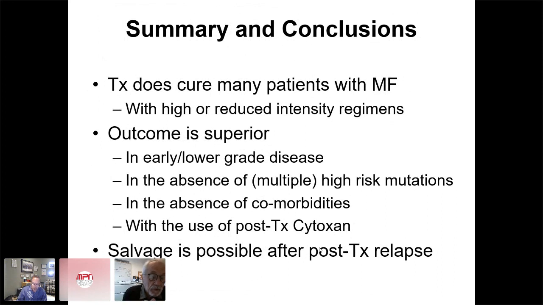Outcome is superior in earlier, lower grade disease, as Dr. Palmer pointed out already, in the absence of multiple high-risk mutations, in the absence of comorbidities, and with the use of post-transplant cyclophosphamide or Cytoxan. Salvage is possible in a proportion of patients after post-transplant relapse.